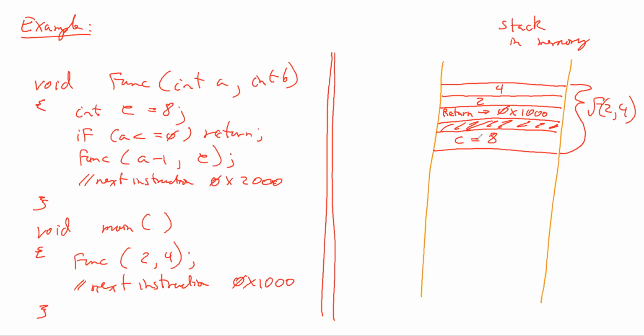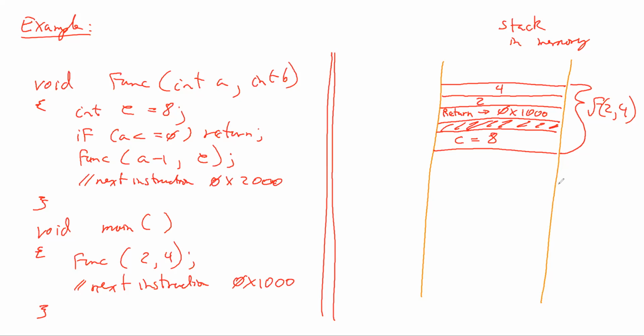Now we're going to look at executing F24. A is 2, B is 4, C is 8. So A is 2. Is 2 less than or equal to 0? No. So that means we need to do a recursive call on the function.